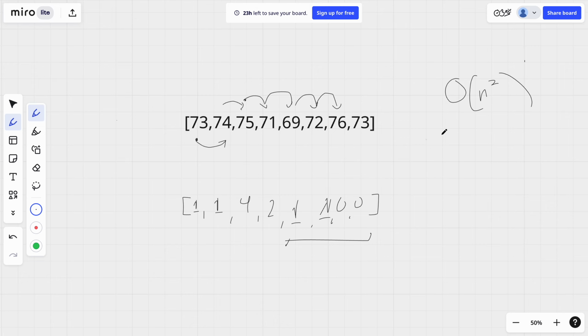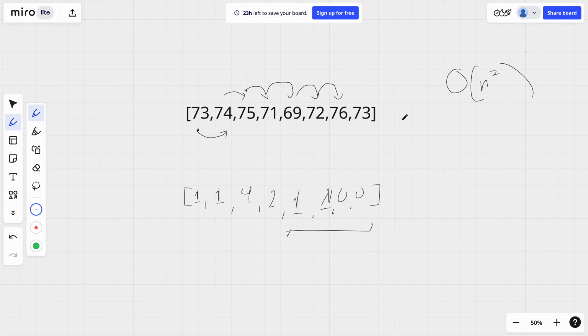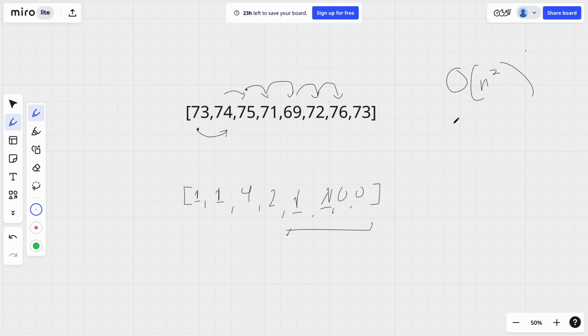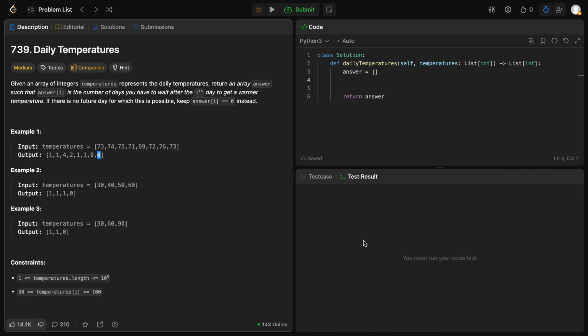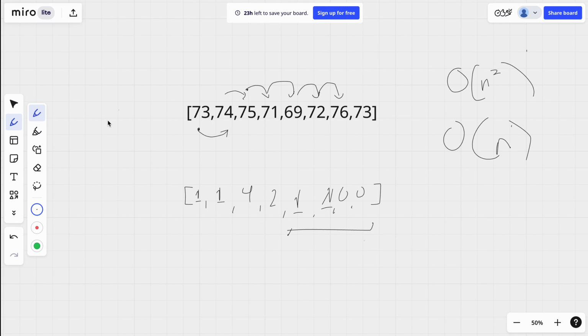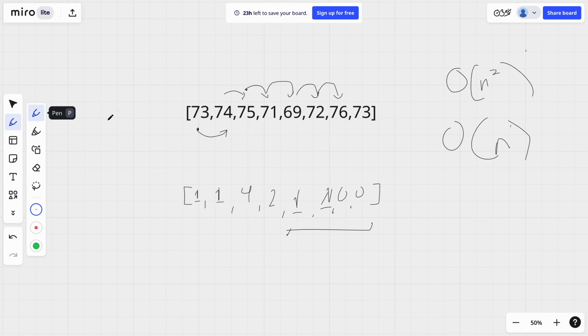Yeah, worst case. And space complexity, I don't know if the answers count, but that would be O(n). We need that. I don't think there's a way to get rid of that. That's the way I would do pen and paper. That's brute force, I believe.